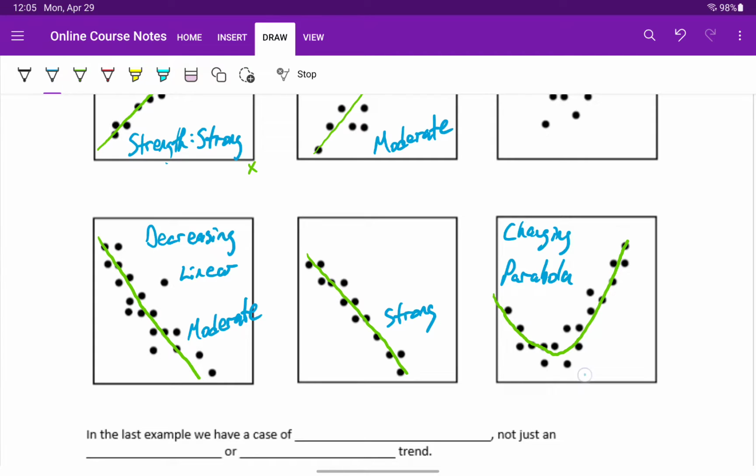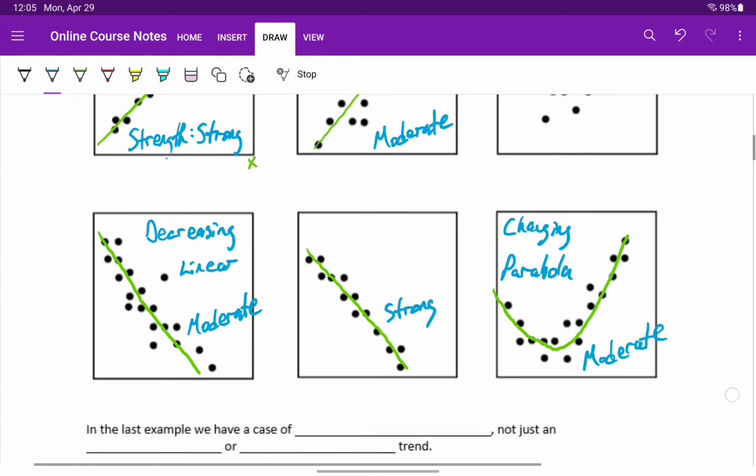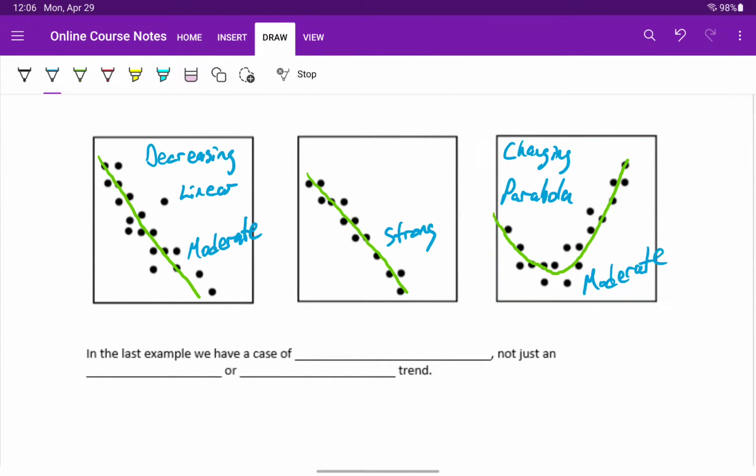And our strength, we could say again here, is moderate because our points are generally following that pattern, but there's a little bit of spread. Some points get a little further away. So in that last example, what we have is a case of changing trend, meaning that it's not simply increasing or decreasing.